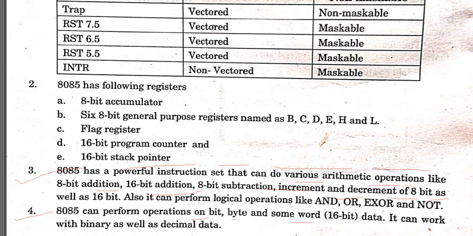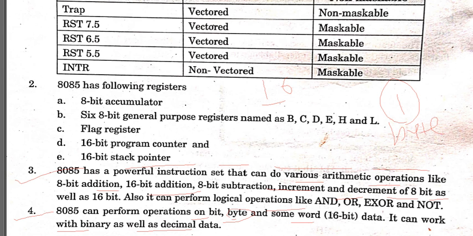Then the next feature is that 8085 can perform operations on 1 bit, byte and some word data. So it can work with binary as well as decimal data. So 8085 can perform various operations. Bit means a single bit, and byte means 8 bits. So we already studied that the 8085 is an 8 bit microprocessor, so it can process 1 bit, 8 bits meaning a byte, or some word, meaning 16 bits, where 16 bits means one word.